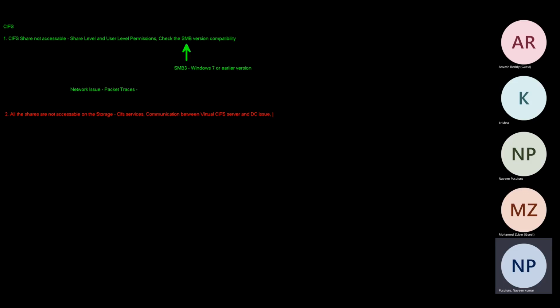And I think I have already shown you how to check the communication between your virtual CIFS server and domain controller. There is a command actually. If you forgot that, I'll show you one more time. Okay, we have checked the communication. Even communication is also good.